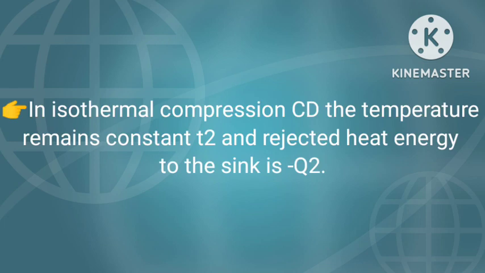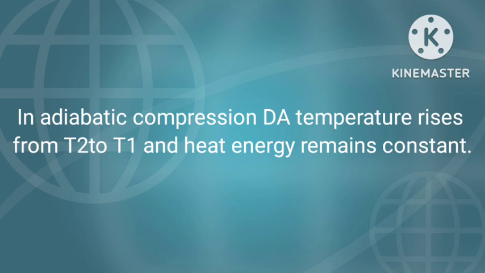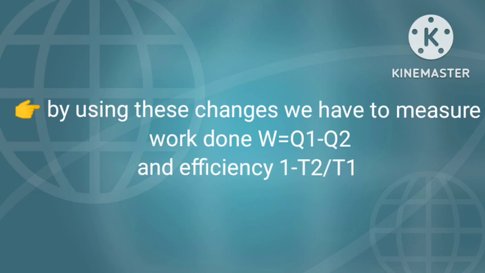In isothermal compression CD curve, the temperature remains constant at T2 and rejects heat energy to the sink, minus Q2. In adiabatic compression DA curve, the temperature rises from T2 to T1 and heat energy remains constant.